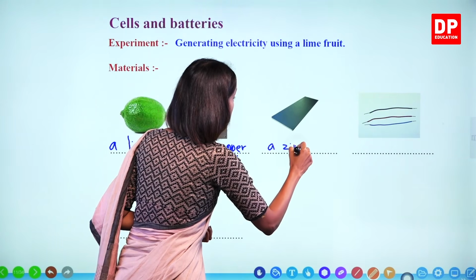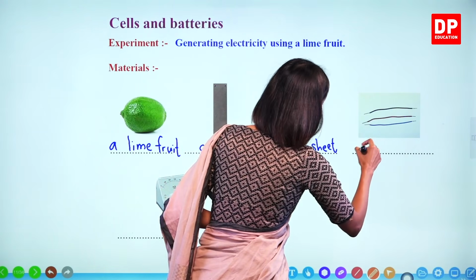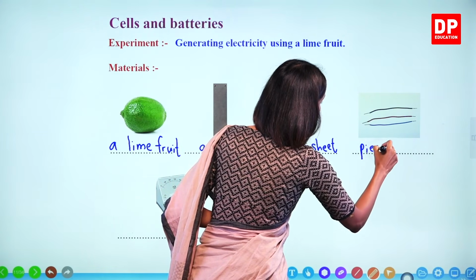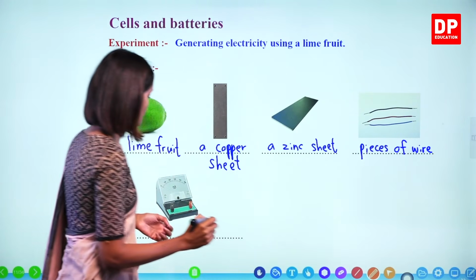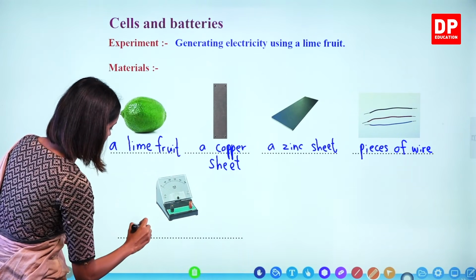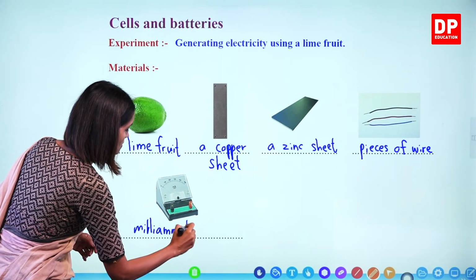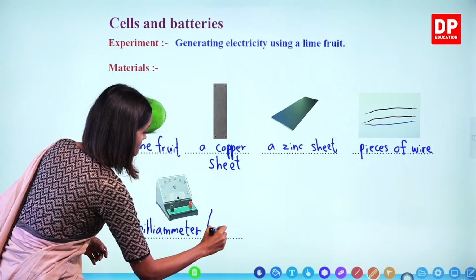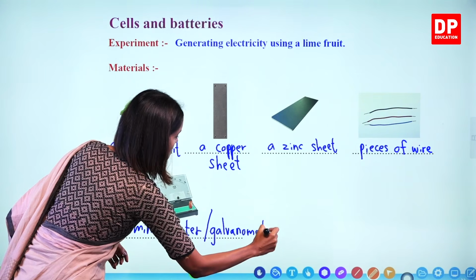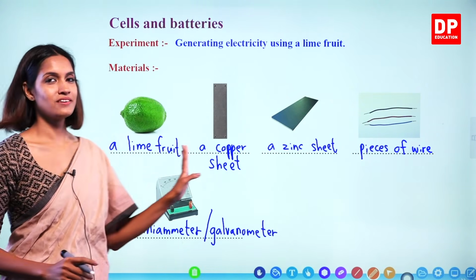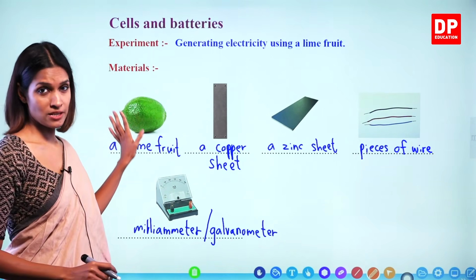The zinc sheet, pieces of wire, a milliammeter, or a galvanometer. Right. So how to do this activity? We are going to study this under the method part.